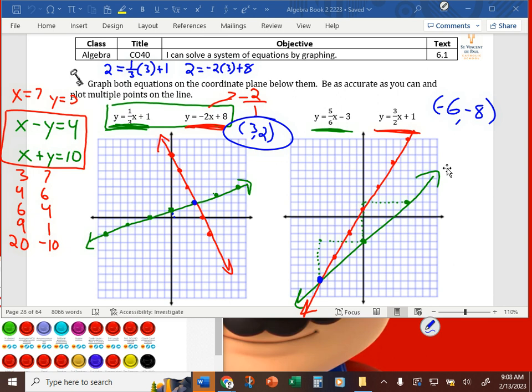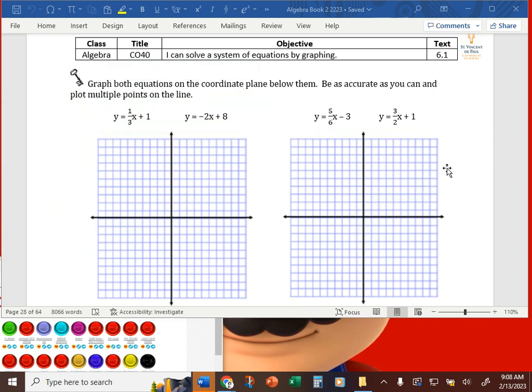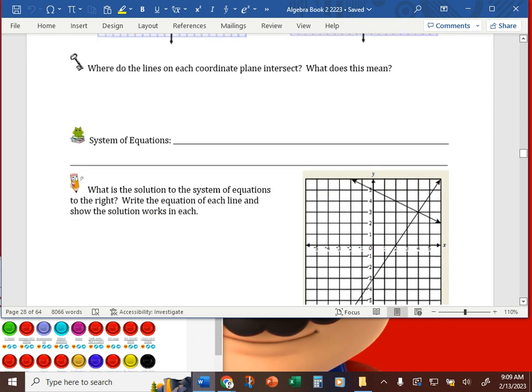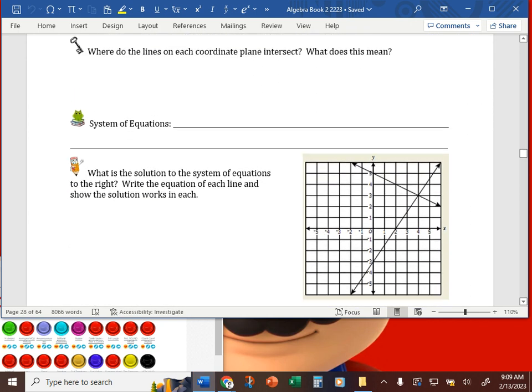Okay, let's look at what else this objective has for us. Where do the lines on each coordinate plane intersect? What does this mean? We already identified where they intersect, but as far as what does this mean, what would you say?